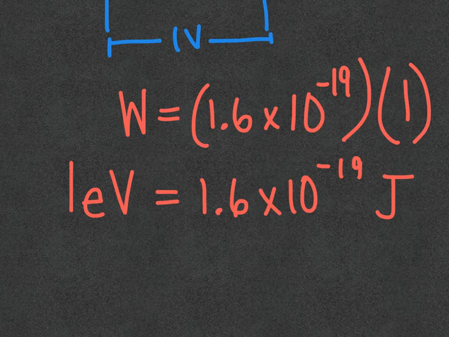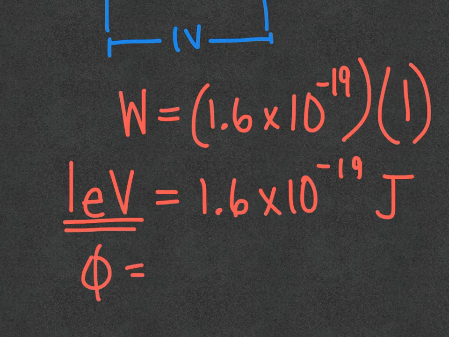So instead of writing these things in extremely small scientific notation values, we're going to write them all in values of the electron volt. For example, if we think of different materials and the work function, we can list the work function in terms of electron volts.